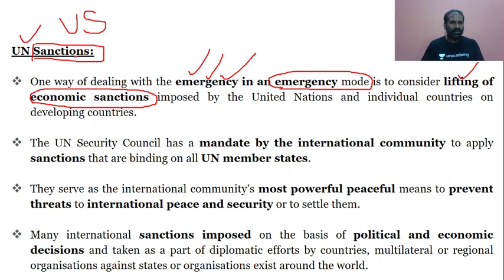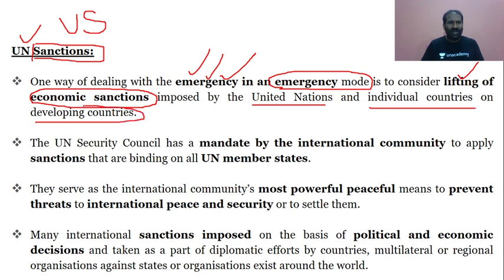So whatever the UN has gone ahead with the sanctions because of various reasons, which are part of the mandate of the international community, still at this moment we have to keep those all aside, especially the sanctions, and move forward. These sanctions are imposed by the United Nations and also by a few individual countries on developing countries.